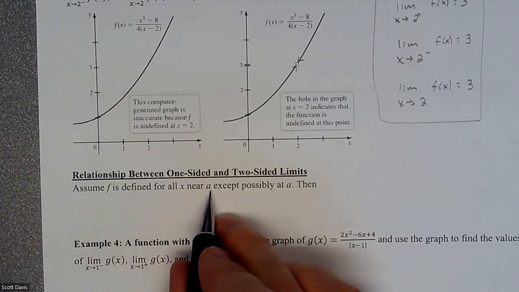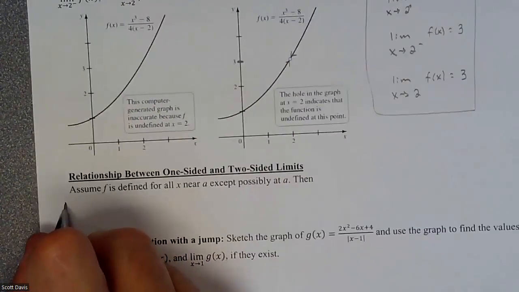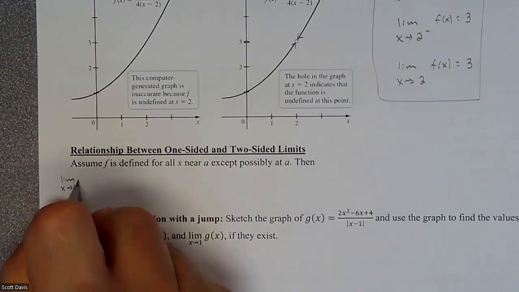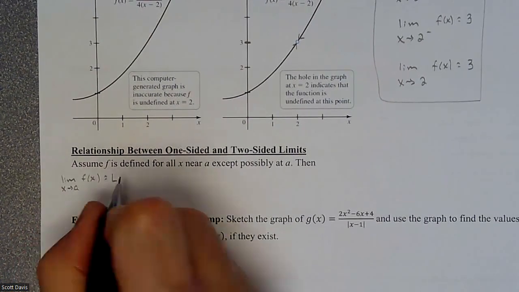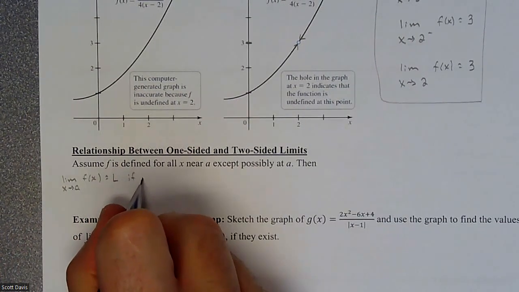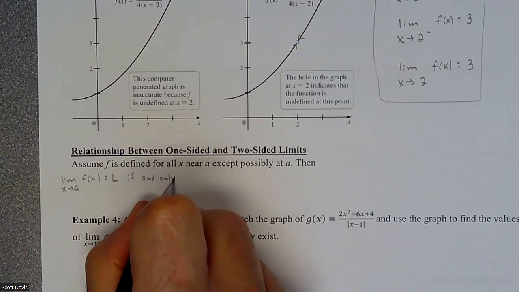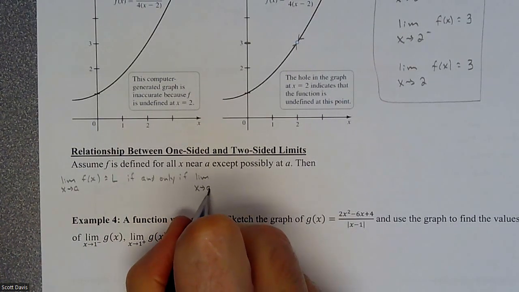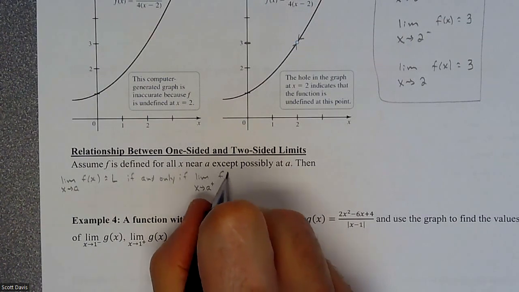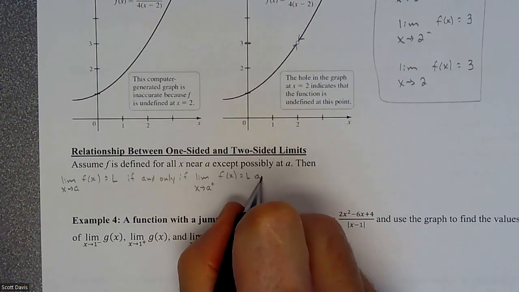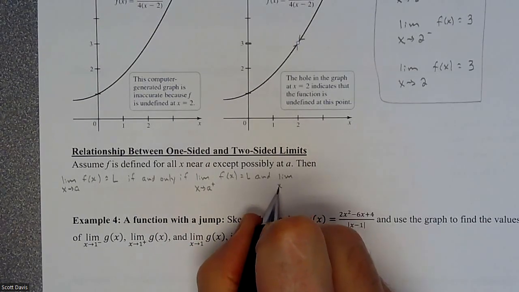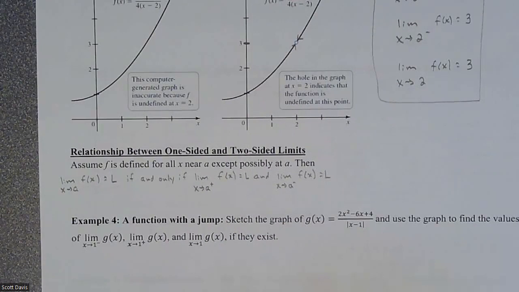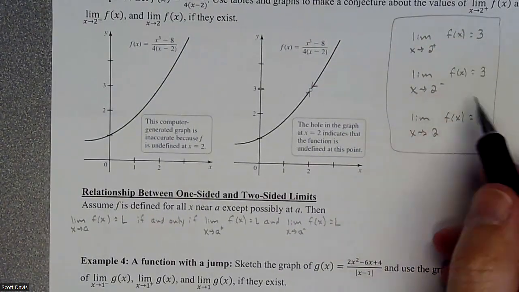It says, assume that f is defined for all x near a except possibly at a, then the limit as x approaches a of some function equals a y value L, if and only if the limit as x approaches a from the right equals L, and the limit as x approaches a from the left also equals L. So they have to equal the exact same value, which is exactly what we have going on here.